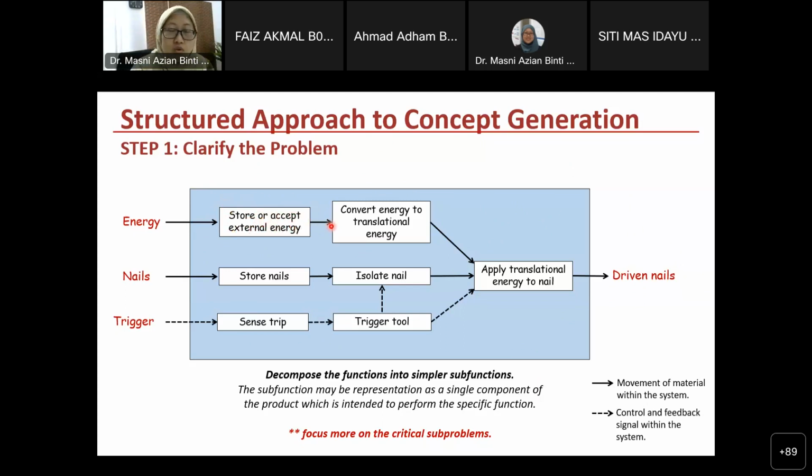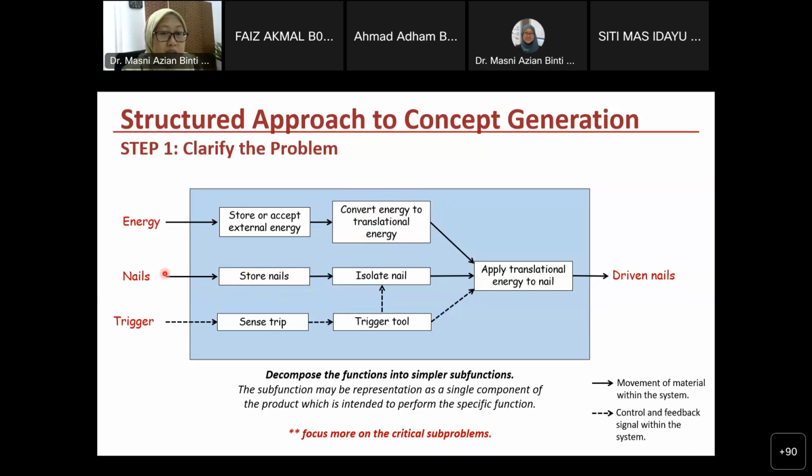The next one is, how do you want to convert the energy to translational energy? Translational energy means energy that creates movement. So in this case, because we want to plunge the nail into the material, it involves a lot of translational energy. Okay, and then in terms of nails, when you put the nails into the product, there must be a compartment to store the nails.